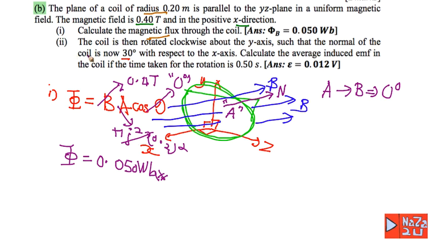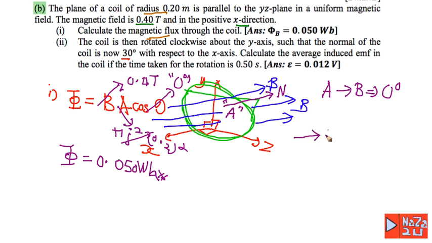And the next is number 2. The coil rotates clockwise about the y-axis so that the normal of the coil is now 30 degrees with respect to the x-axis. So this is the angle.